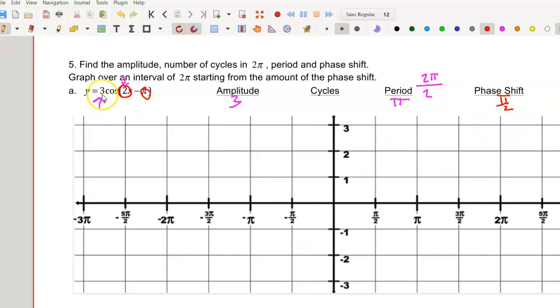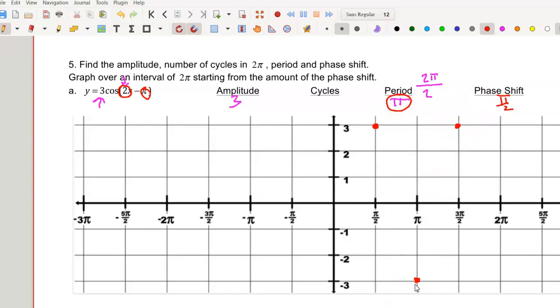So we're going to start at 3, but move over pi over 2. Okay, so that would be right here. And it's going to repeat itself every pi. So that means by the time I get over here, it's going to be back to the beginning. So the way we did this, we plotted the beginning, the end, and then found the middle of that.